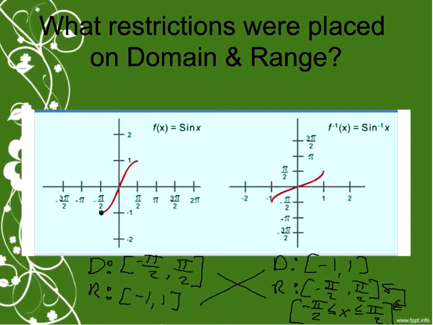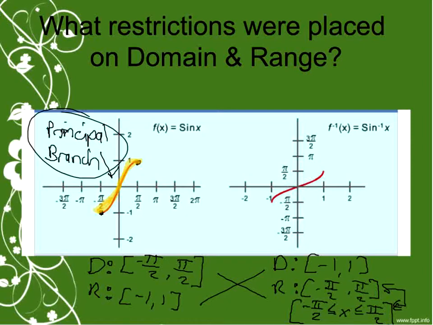Okay, so are we okay with what restrictions they placed on there? Let's take a peek at their graph. This piece of the graph has a special name. Does anybody remember the name of this piece from the 3.1 tutorial online? It is called the principal branch.